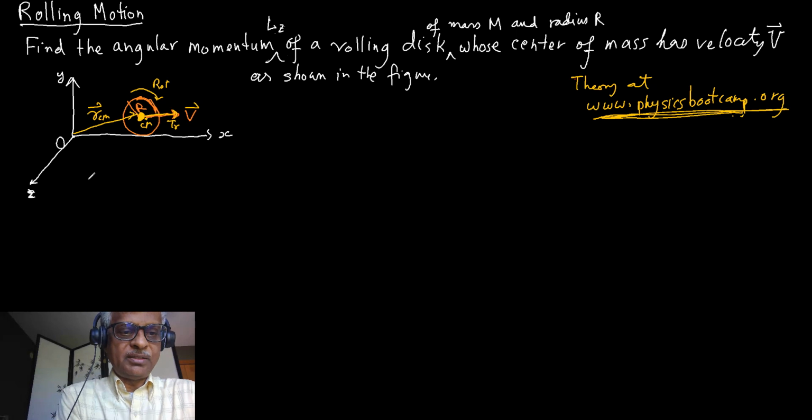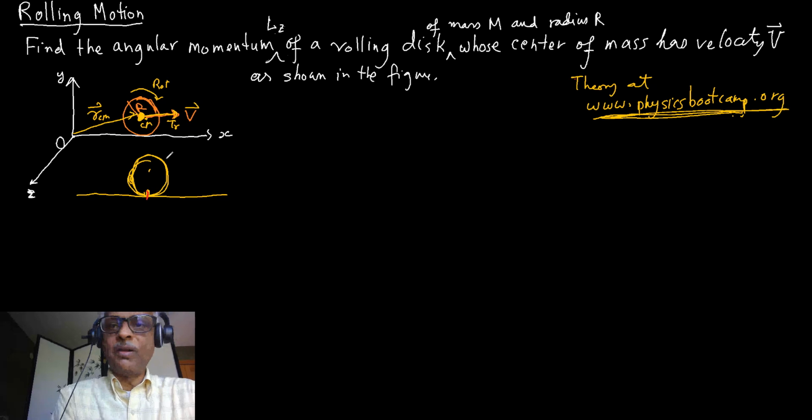To this problem, let's look at the rolling motion. At some time it's over here, and let's just follow one point at the edge. Let's look at another ink mark.